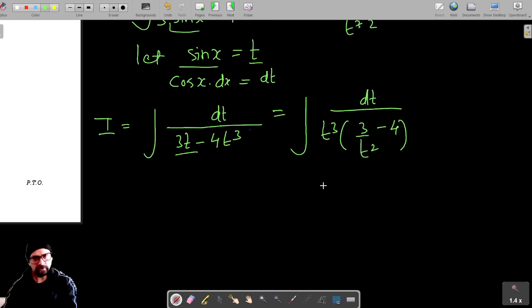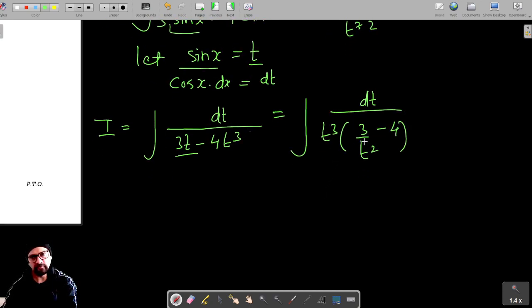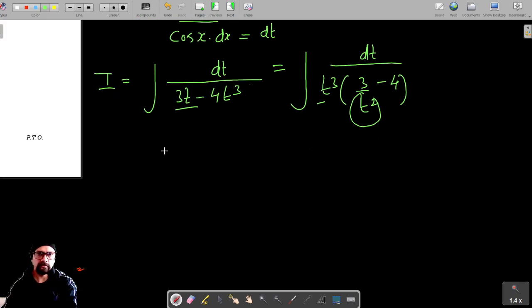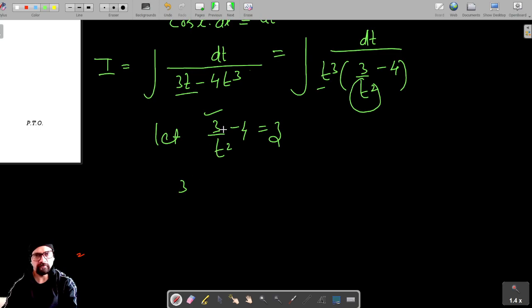Okay, now we can make another substitution because the differentiation of t square gives us t cube. So let's say 3 upon t squared minus 4 is equal to z. 3 is constant, and differentiation of 1 by t square is minus 2 upon t cube. Differentiation of 4 is 0.